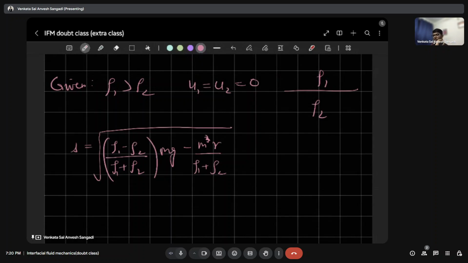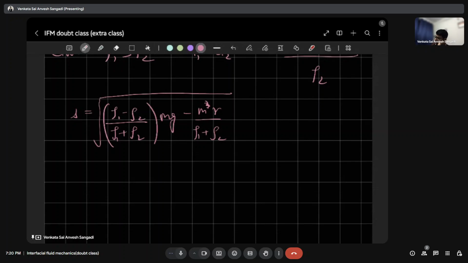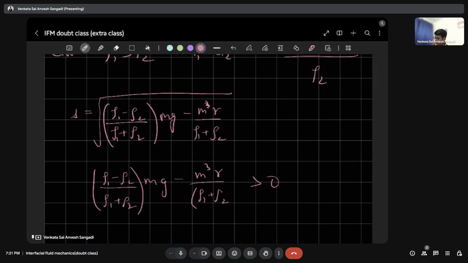For the flow to be unstable, the term in the square root should be greater than 0.